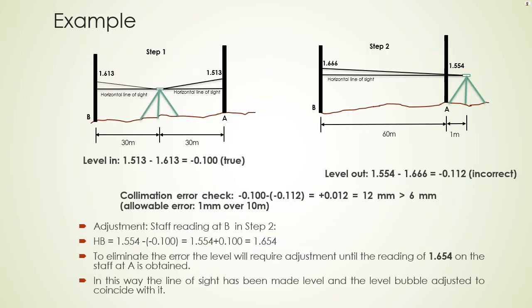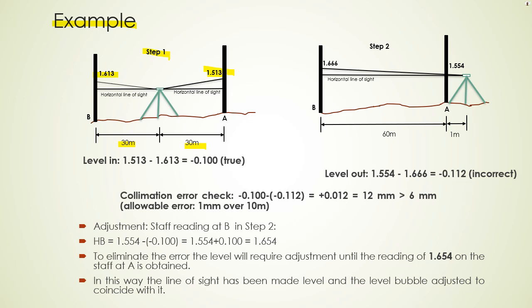So now let's look at the example of the two-peg test. In this case, we have point A and point B 60 meters apart. Step number 1, instrument in between point A and point B. Reading at point A 1.513, reading at point B 1.613.